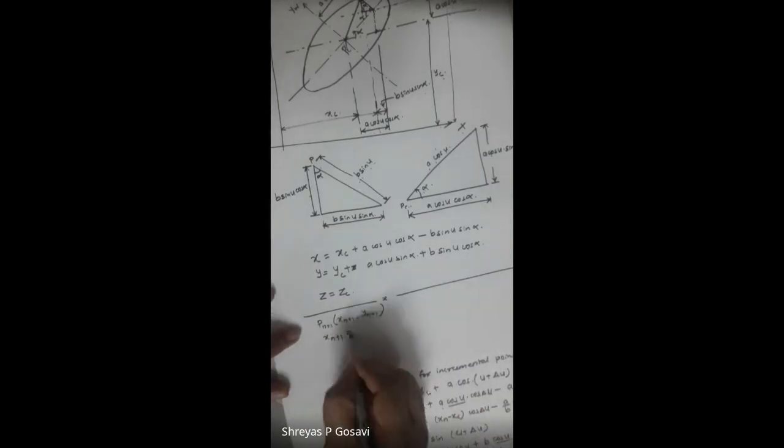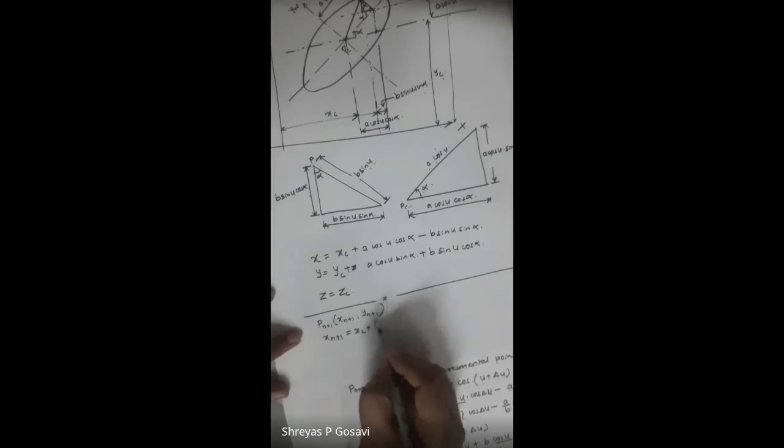So xn plus 1 is equal to xc plus (xn minus xc) into cos of delta u minus a by b into (yn minus yc) into sine of delta u, and yn plus 1 is equal to yc plus (yn minus yc) into cos of delta u plus b by a into (xn minus xc) into sine of delta u, and zn plus 1 is equal to zn.